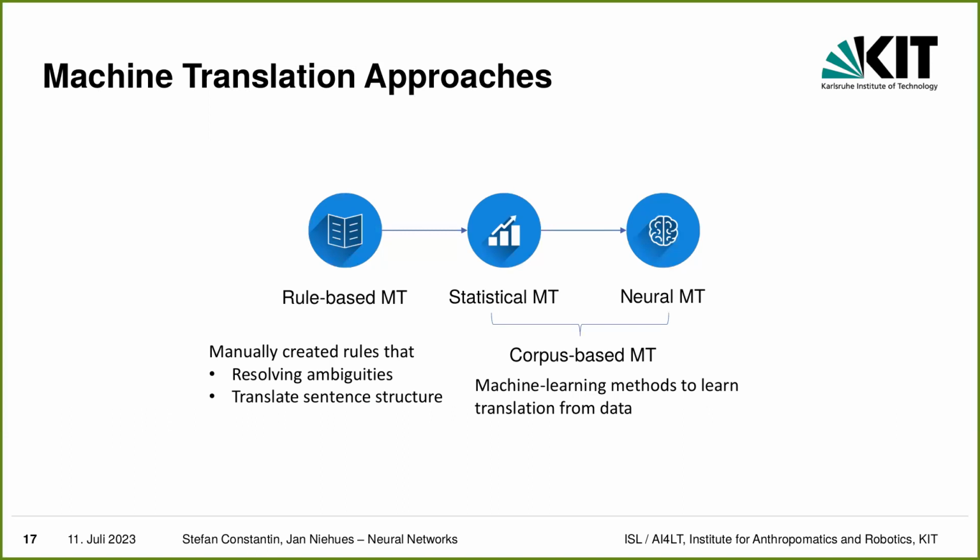So what people started doing is using corpus-based approaches, basically statistical approaches, where you have a large amount of data and you estimate different statistics from the data. Since we're in the neural networks lecture, we'll be talking mostly only about neural MT. But until around 2014, the most prominent one was statistical MT. Many people say that you can also use neural network-based approaches as statistical ones, but we tend to call them corpus-based MT. Statistical MT started around the 90s, I think, or the 80s.